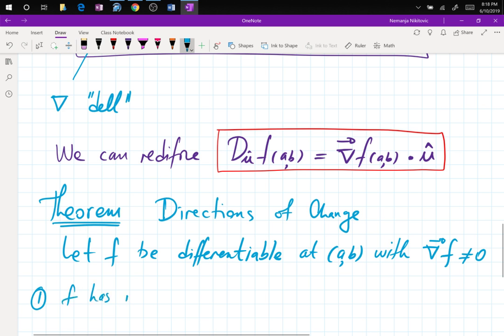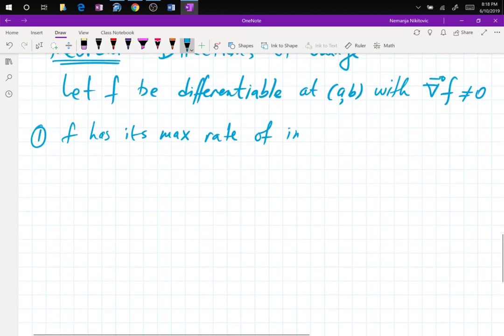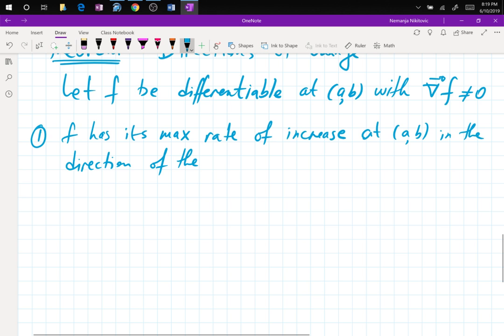F has its maximum rate of increase at AB in the direction of the gradient, del f at AB.